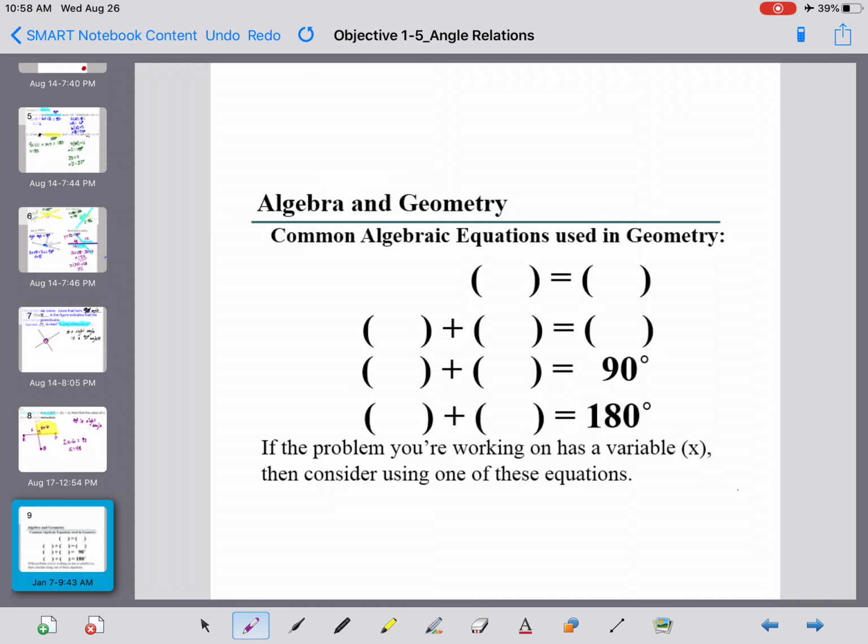I hope that you're starting to see that you've got about 4 basic equations in geometry, okay? So this first one, inside the parentheses is some x's and y's or whatever variable we're using. Sometimes it's the two angles that we're talking about. But in this first setup, something equals something.